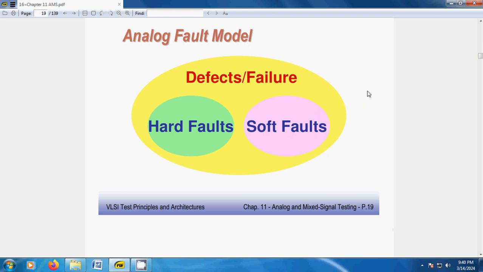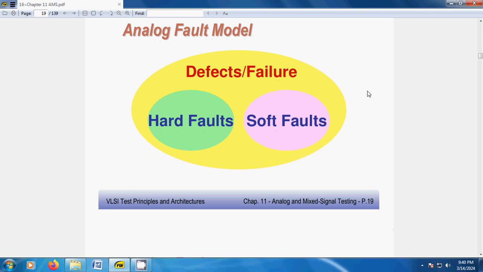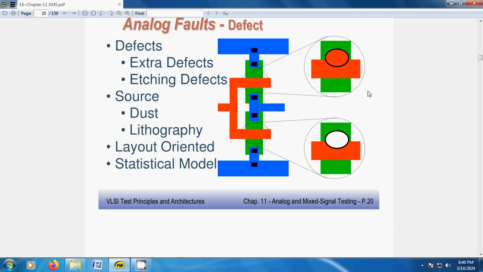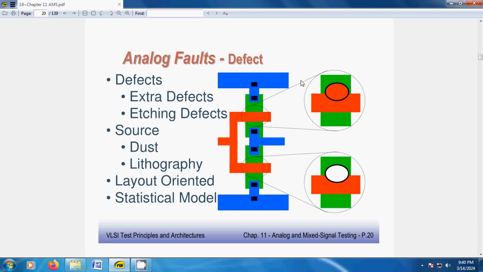First one is defects. So what are the types of defects that happen? Extra defects are caused due to an extra amount of material. We can see this roughly as a type of DRC mismatch.